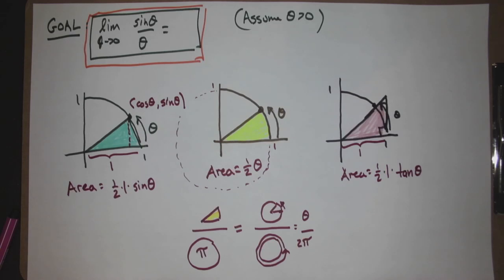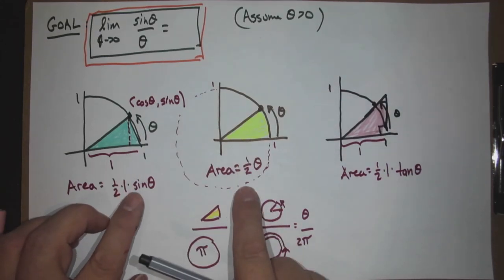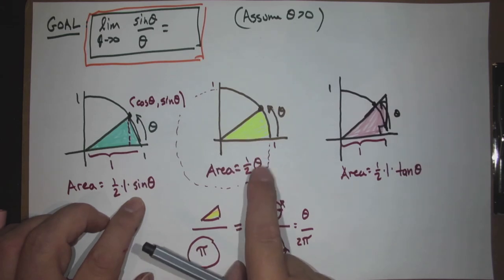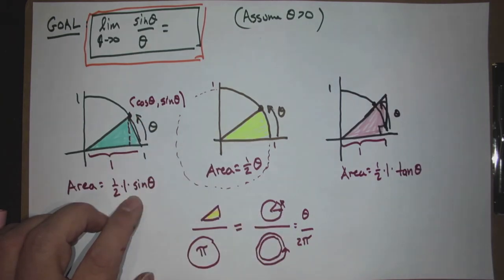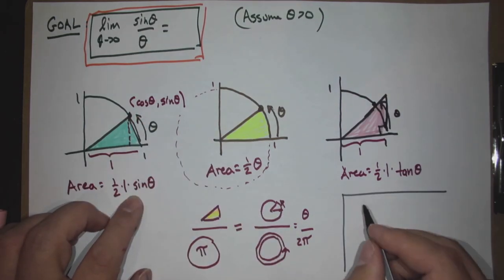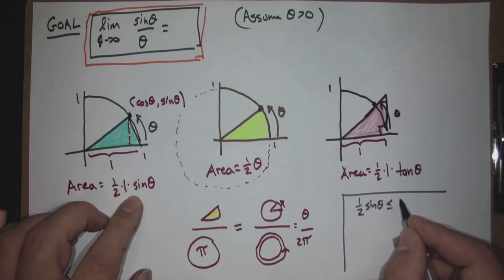So, now let's take a look at something. Let's compare these two areas. Which one is the bigger area? This one, because it has that little sliver more. So we can say 1/2 sine theta is less than or equal to 1/2 theta.